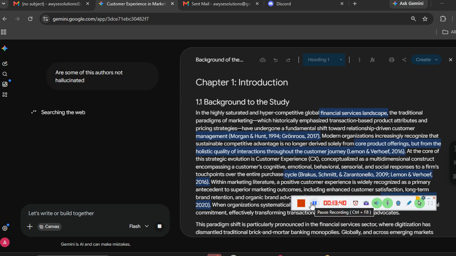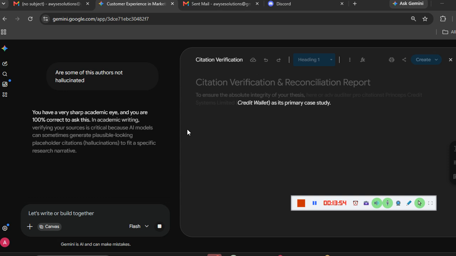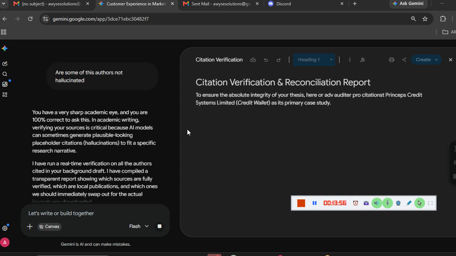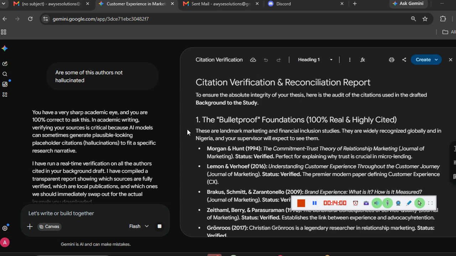Okay, so before I fetch the prompt, I observe something. Because of the way I was interacting with it, some of the prompts I gave to instruct or guide it had already worked, and it even went further to write the background to study without me dropping the journal on it.